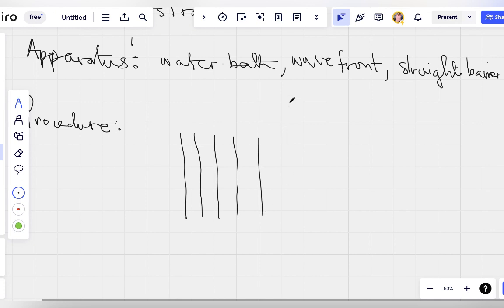And then there's a straight barrier here.